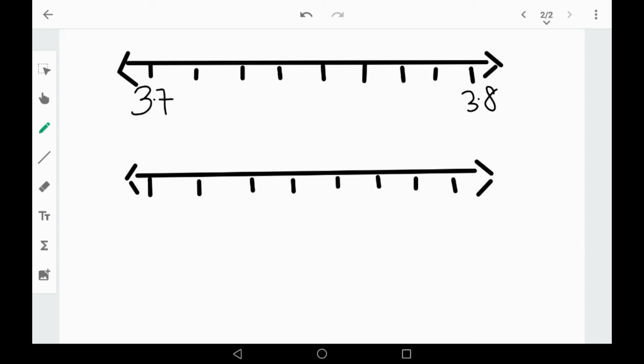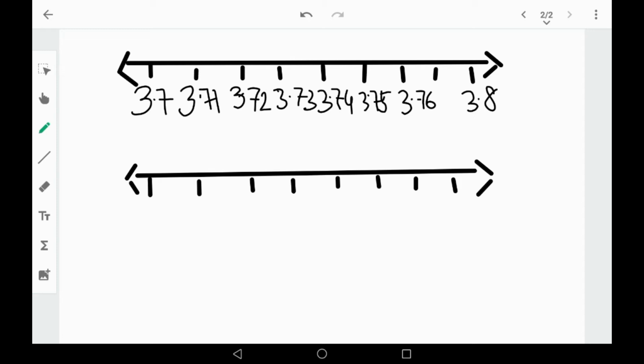In between 3.7 and 3.8 we will have 3.71, 3.72, 3.73, 3.74, 3.75, 3.76 and so on till 3.79. So these are the numbers between 3.7 and 3.8.